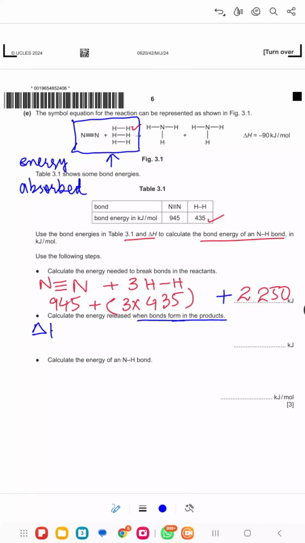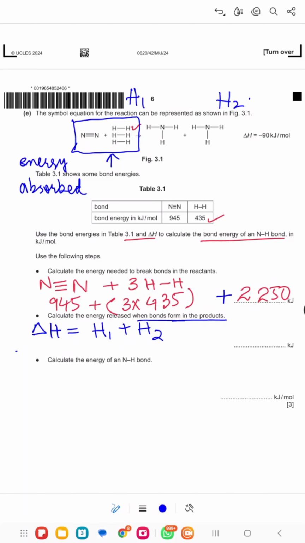Delta H is equal to H1 plus H2. So if we consider the heat energy of the reactants as H1 and of the products as H2. There are so many N–H bonds: 1, 2, 3. There are 6 N–H bonds which are formed, but we do not have the energy here.